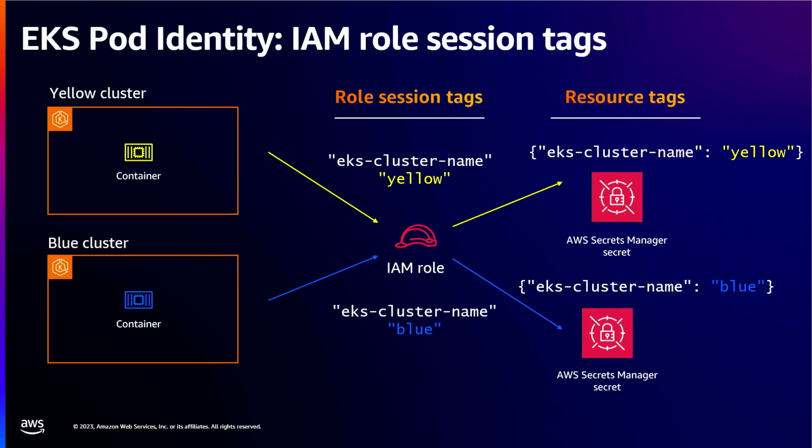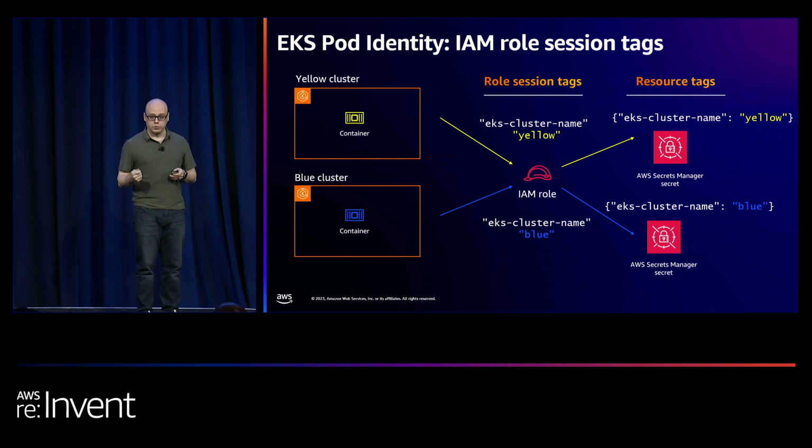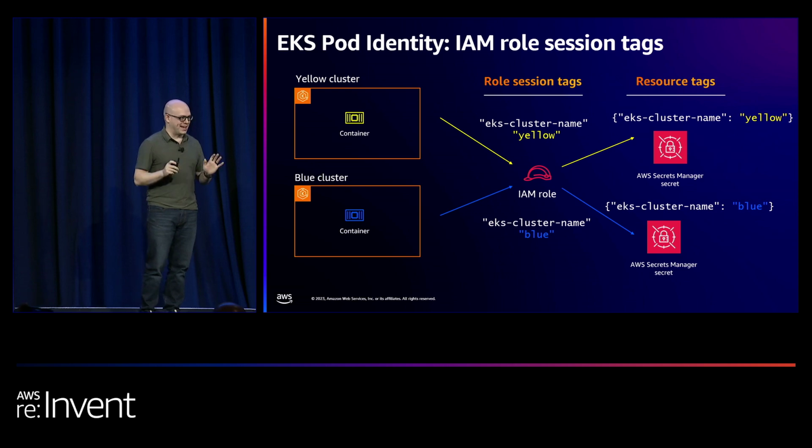The same goes for a blue cluster, but you can reuse the same IAM role and the same IAM policy. This is really powerful if you want to enable role reuse. If you have dozens of clusters and you're maintaining all these different roles that are essentially the same except for the hard-coded cluster name, you can do away with that and just have one.